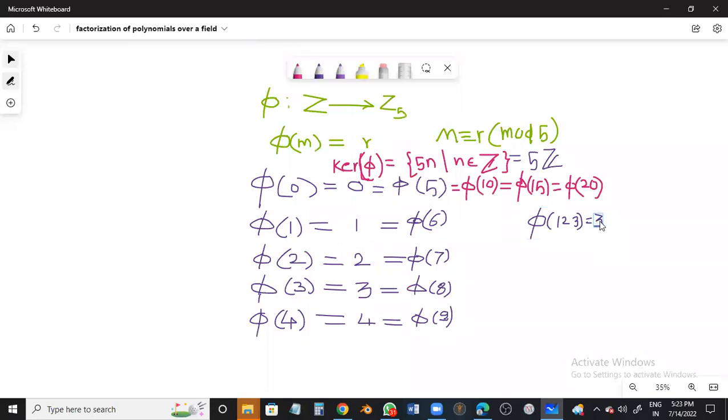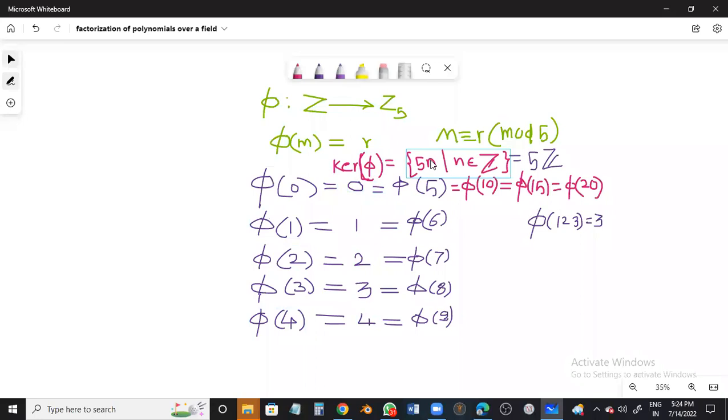You take any integer, however big it may be, if I divide it by 5, I get a remainder ranging from 0 to 4 only. So the output will be either 0 or 1 or 2 or 3 or 4. These are the only 5 possibilities. Now, those which have image 0 come under the kernel.